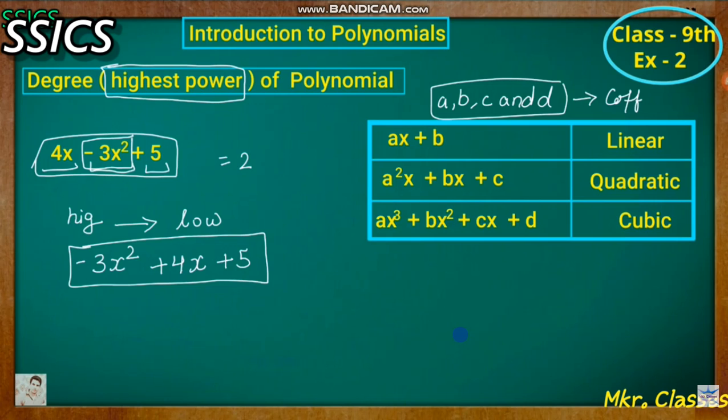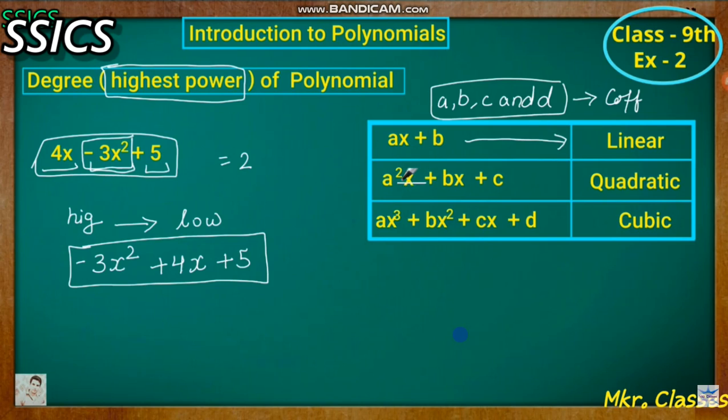For example, in ax the power is 1, the highest power is 1. Such equations we call a linear algebraic equation.